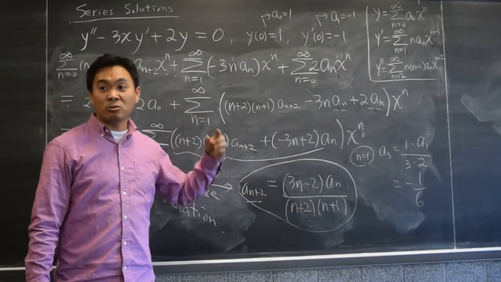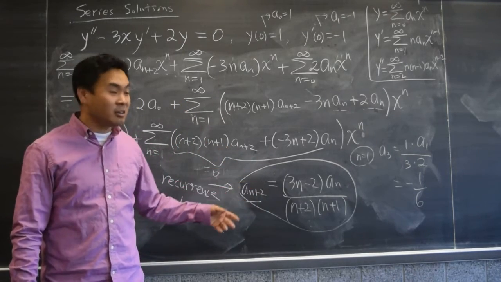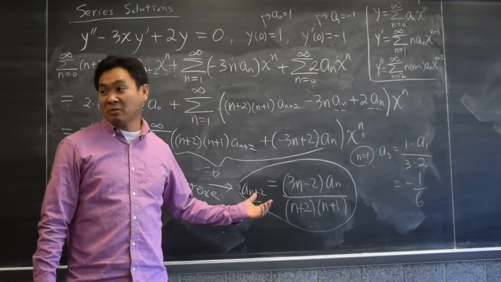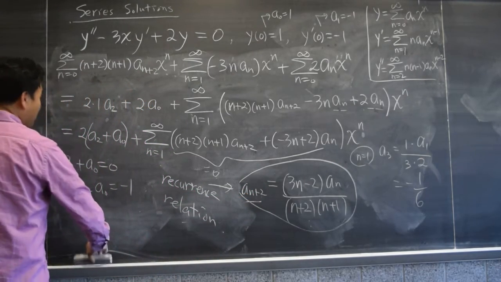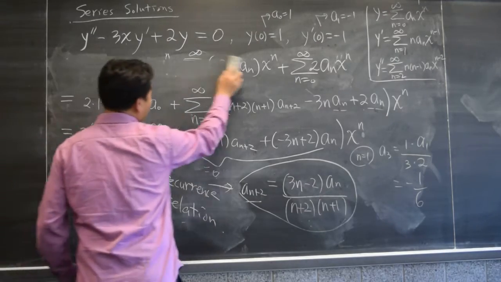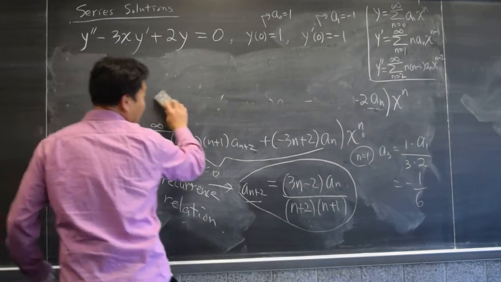So starting from n equals 1, 2, 3, 4, you just keep plugging in, and you're going to get all the values of an this way, just by using the recurrence relation. Okay, so we're pretty close to the actual answer. It's almost done now.